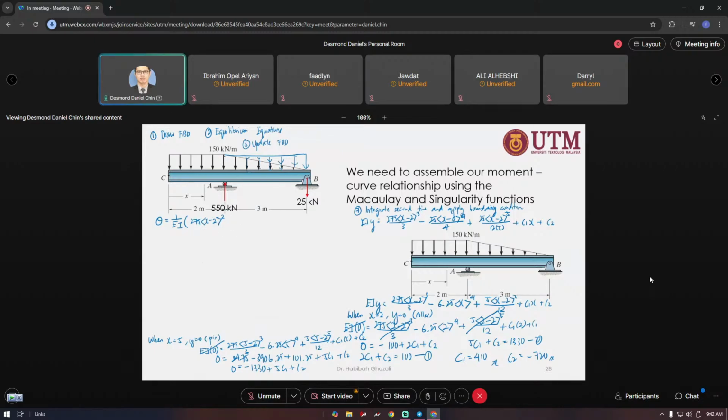Minus 25 x to the power of 3, right? Then plus 25 x minus 2 to the power of 4 divided by 12 plus C1.